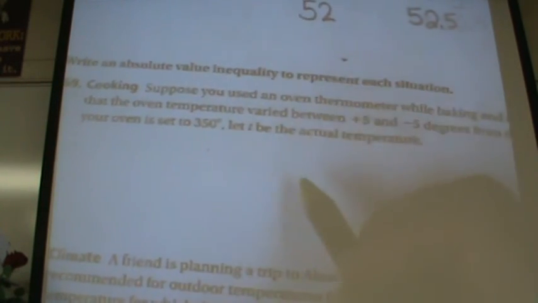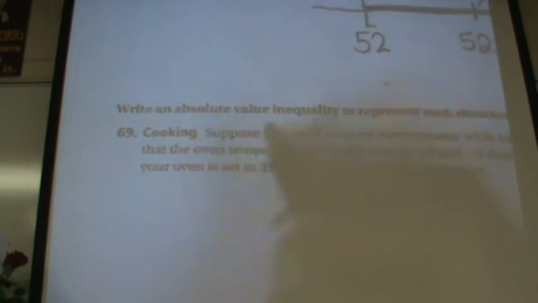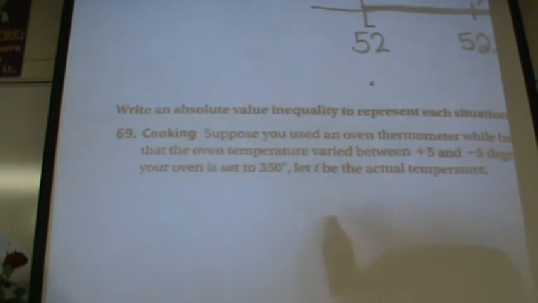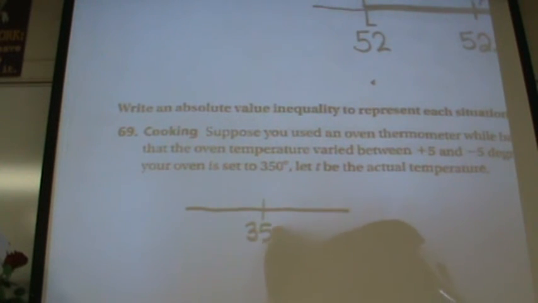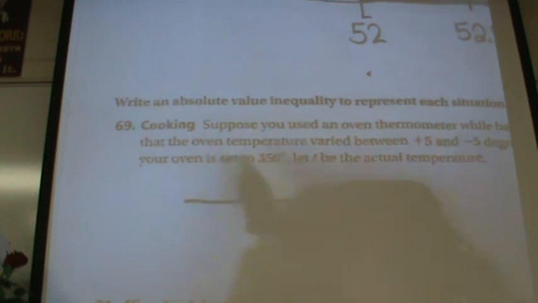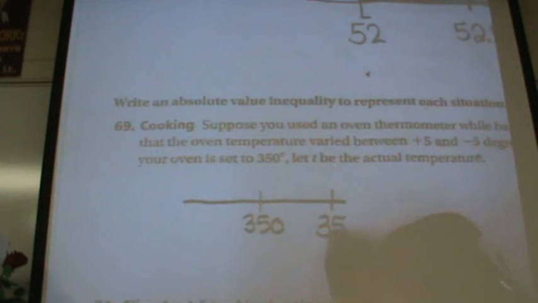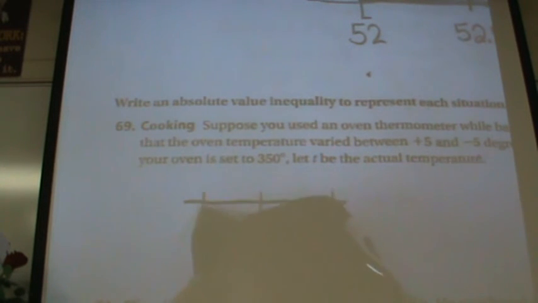So can you give me the interval, the region, the degree that it could be? We want it set at 350, but it could go 5 degrees either way. So 355 one way and 345 the other way. Does that make sense?